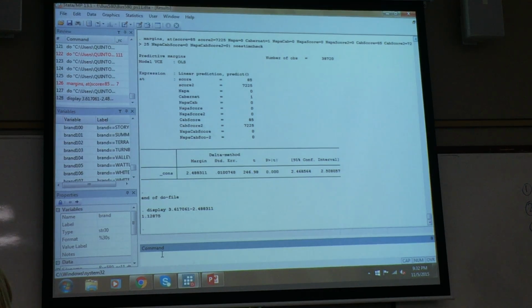So, at a score of 85 with our nonlinear model, the Napa premium is about 112%. The consumer's willing to pay 112% more for a Napa wine over an equivalently ranked Sonoma wine. But with the nonlinearity, that's going to change, so we can change that.